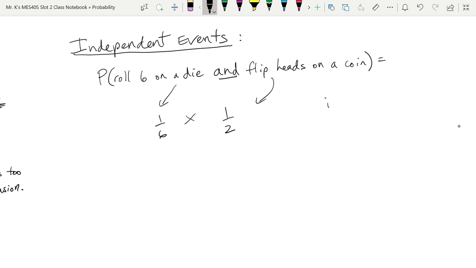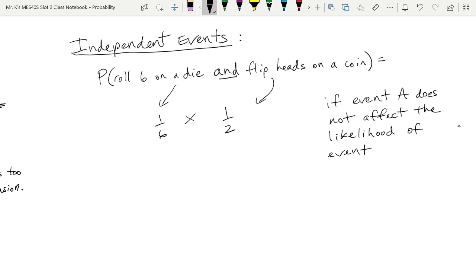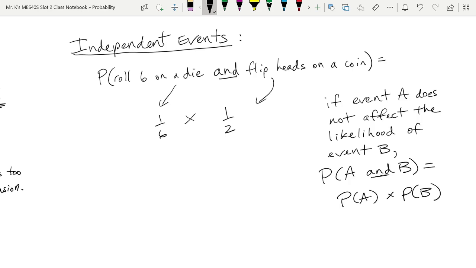Here's the rule in kind of mathese. If event A does not affect the likelihood of event B, the probability of A and B is equal to the probability of event A times the probability of event B. The key word here being and.